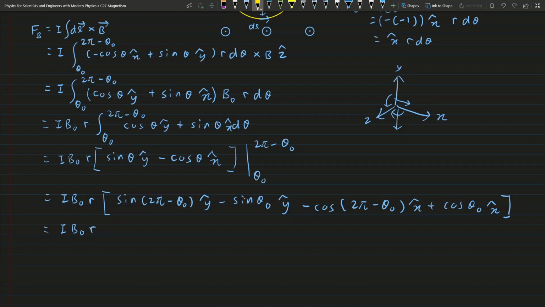Here we will apply the trigonometry identity, which is sine of 2 pi minus theta just equals negative sine theta, and cos of 2 pi minus theta just equals cos theta.